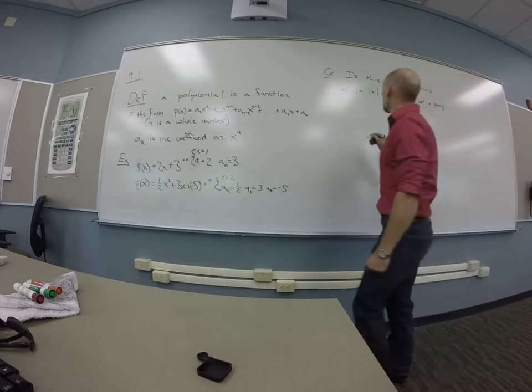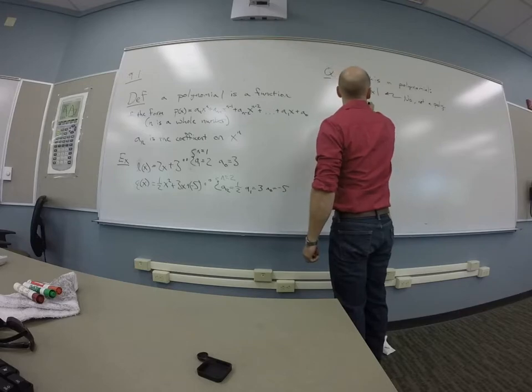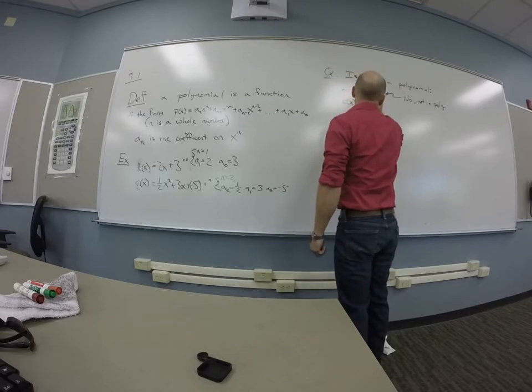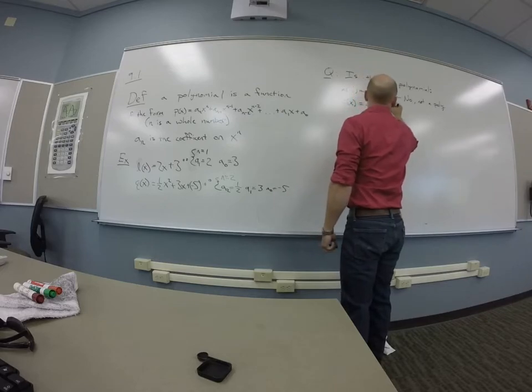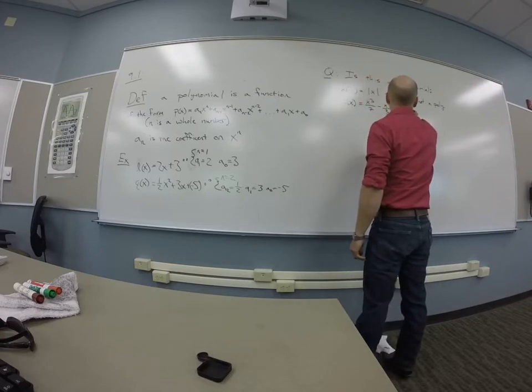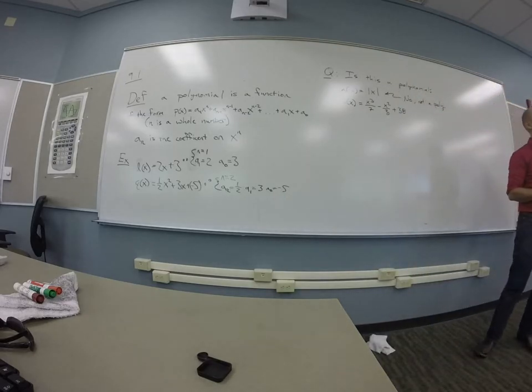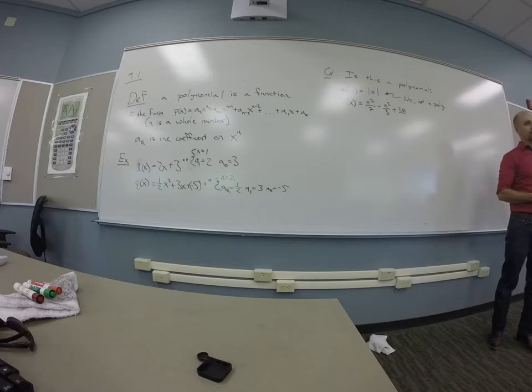Okay. How about, let's see. C of x is x cubed over 7 minus x squared over 3 plus 38. Is this a polynomial? Yes.